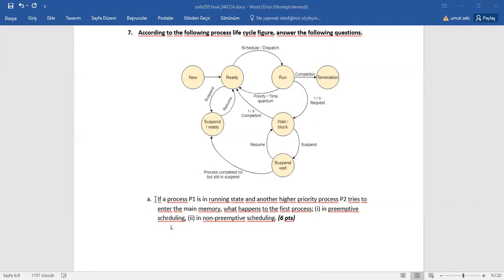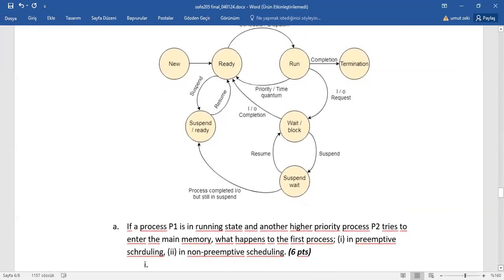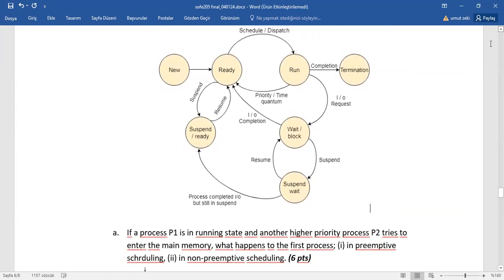Look, if a process P1 is in running state and another higher priority process P2 tries to enter the main memory, what happens to the first process? We have two scenarios here: preemptive scheduling and non-preemptive scheduling.